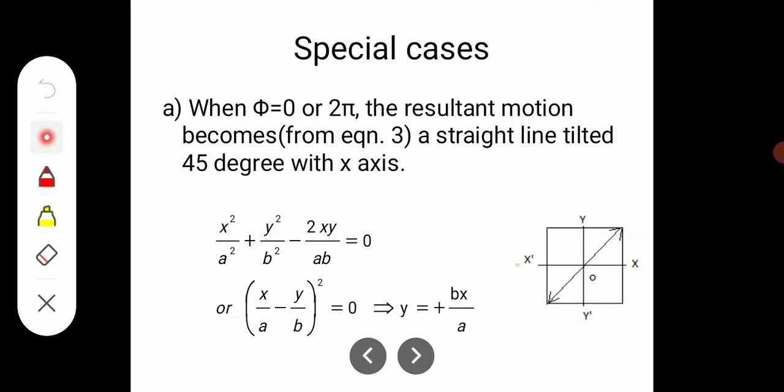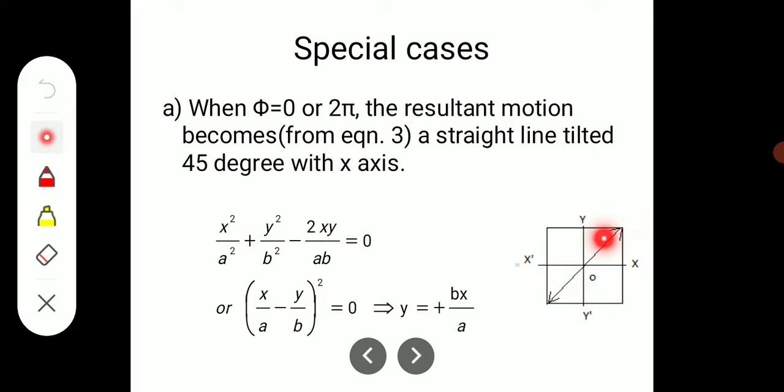So how are we getting the different patterns? When phi is equal to 0 or 2 pi, the resultant motion becomes a straight line that is tilted at 45 degrees with the x-axis.